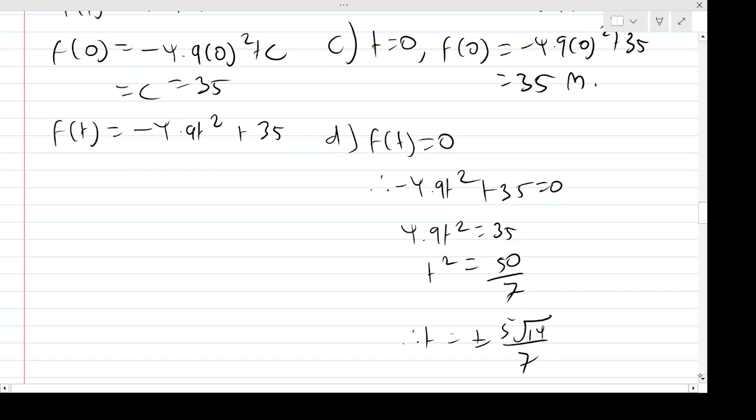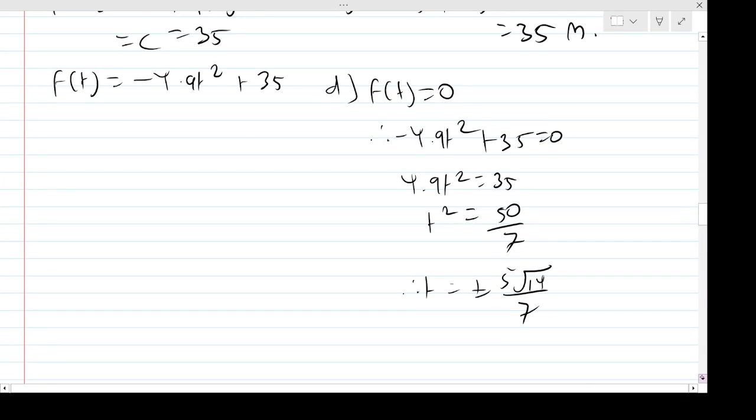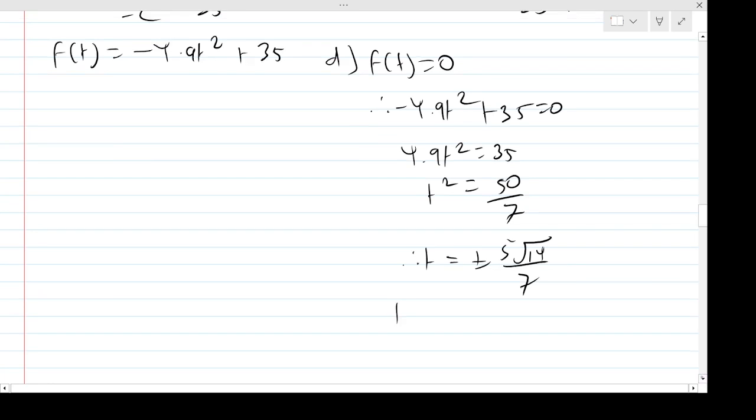As a decimal, that would either be t equals 2.67, or, if I do the minus of that, minus 2.67, to 2 decimal places.